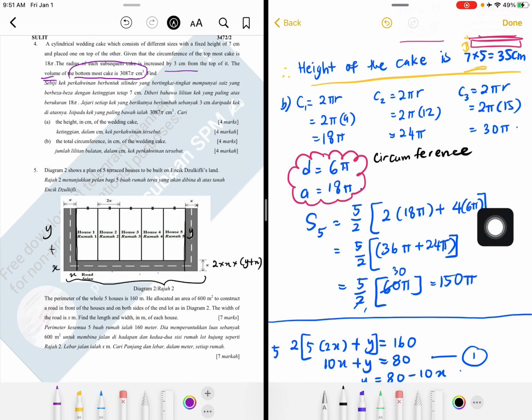Tapi if you want to use the formula, so this is it. So I know my D is 6 pi, A is 18 pi. So you get S5, ataupun kita tambahkan kesemuanya circumference dia tadi. Jadi you get 150 pi. Tak salah if you want to tambahkan semua, 2 pi r berapa tadi? 15, 18 kan?